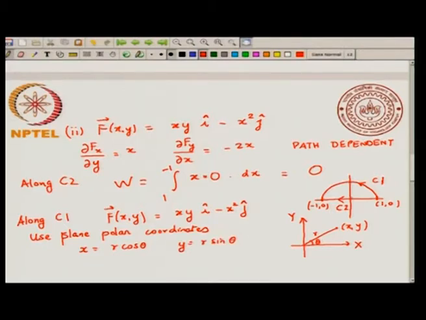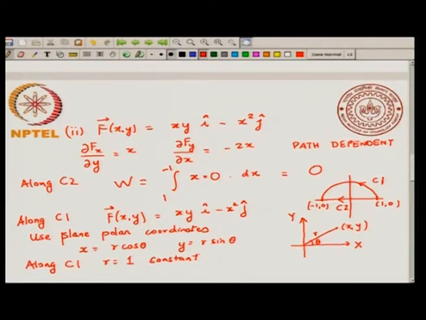Why does plane polar coordinates help? Along C1, r equal to 1, constant. So along this path your r does not change at all. The only change is due to theta.